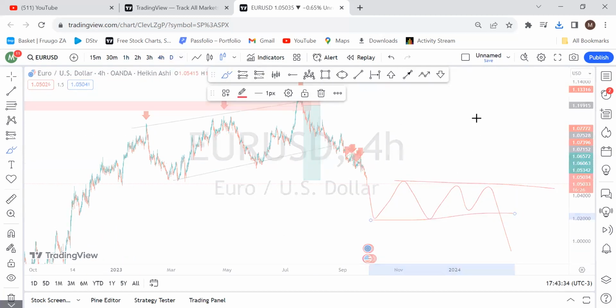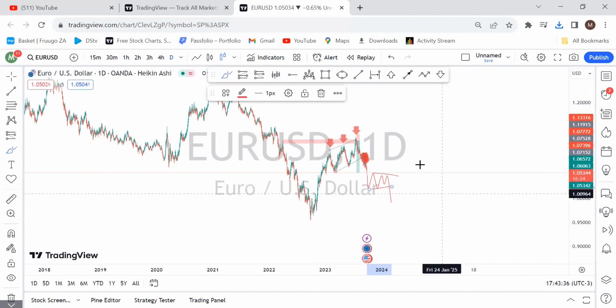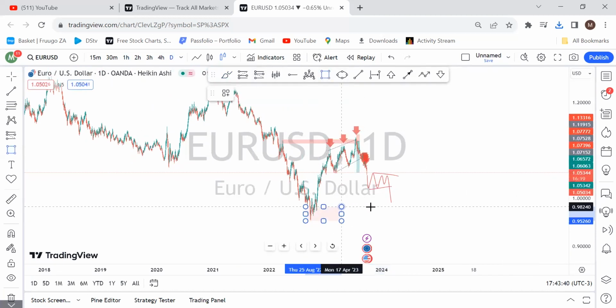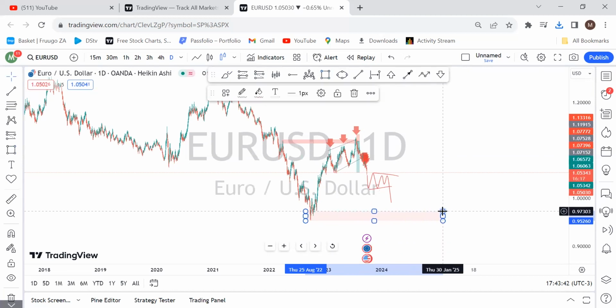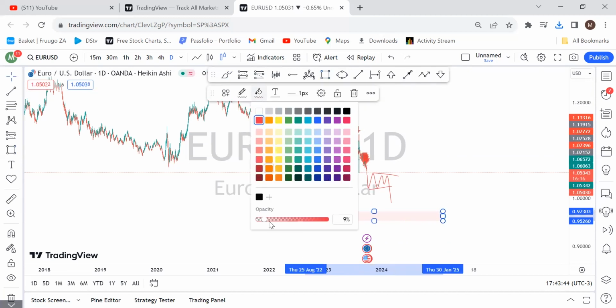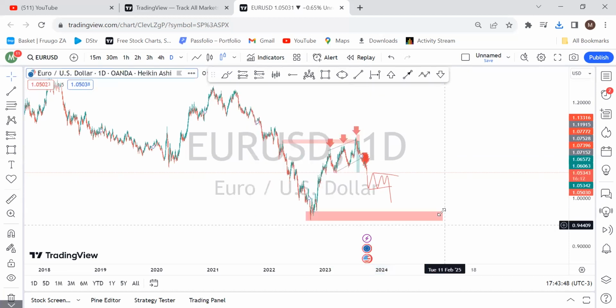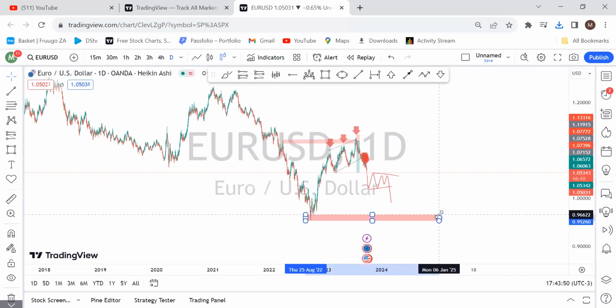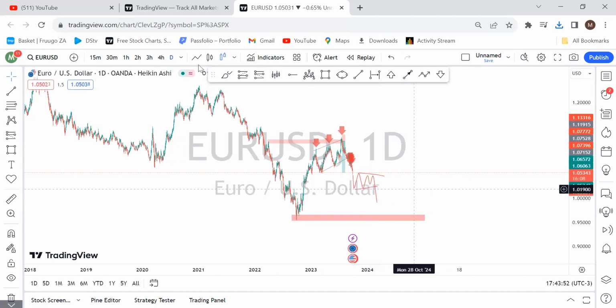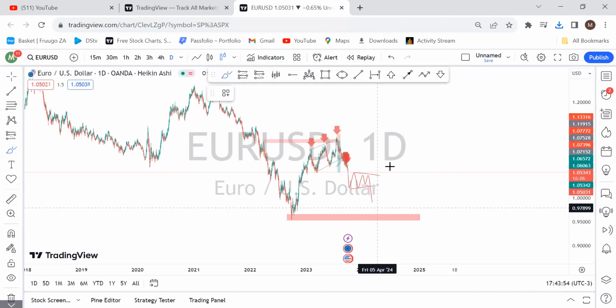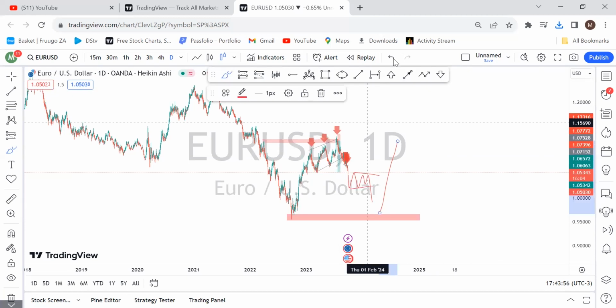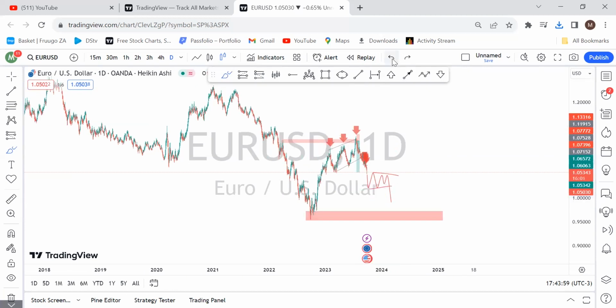So if I go back to the daily time frame, we could have that huge correction where the price is gonna go back within these areas right here. Could go back to reach this low once again before it buys again, right? So that is basically it with Euro USD.